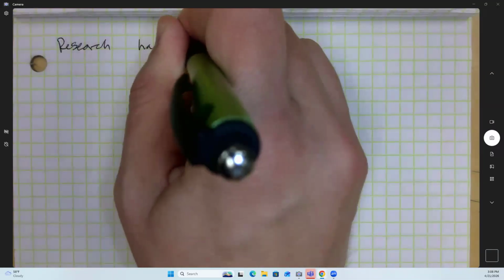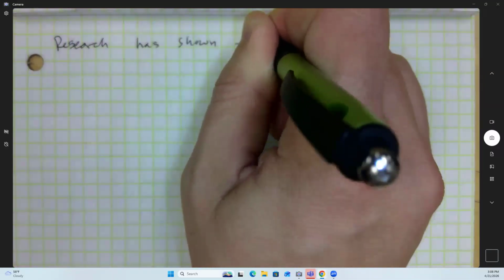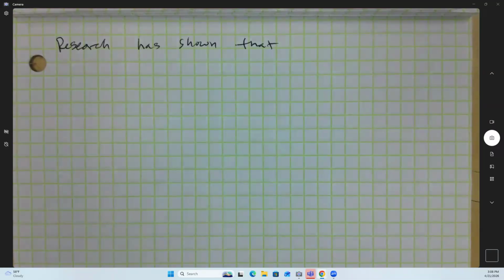Research has shown that, let me just for fun here, data class data.